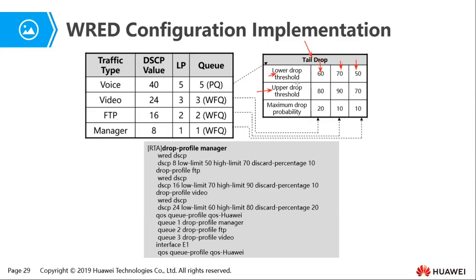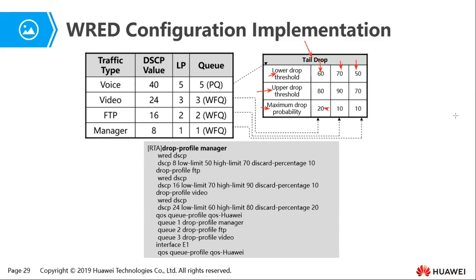Other than the upper drop threshold, we have the maximum drop probability. So between the lower drop threshold and the upper drop threshold, we want to drop randomly a maximum of 20% of the packets.